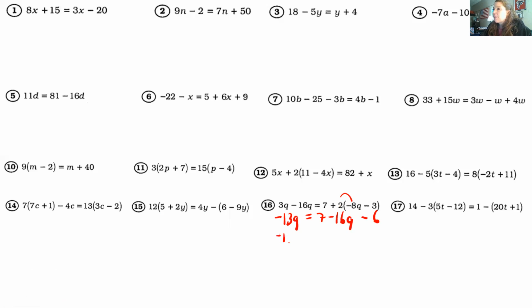So then I'm going to combine those like terms on the right side. 7 minus 6 is 1 minus 16q. I'm going to get rid of my smallest q by adding 16q. So negative 13 plus 16 is positive 3q. And then I have 1. So then when I divide by 3, it ends up that q is equal to 1/3.